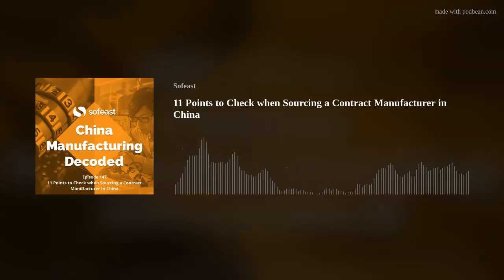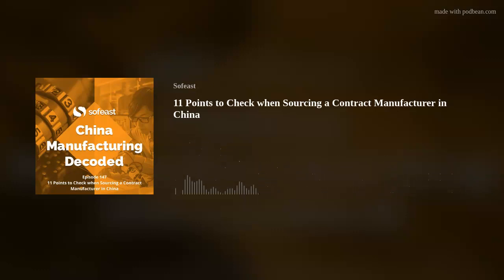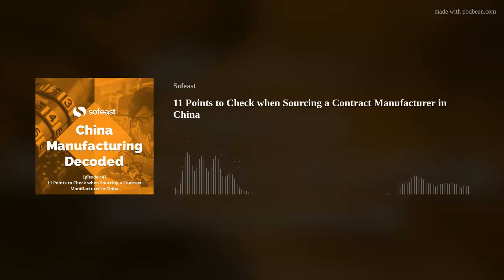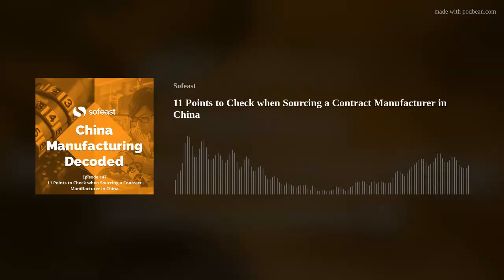Point 6 is about the manufacturing, the fabrication processes they have in-house. Okay, there's a lot of people who have this idea that, hey, I want to work with a manufacturer and they do everything in-house.